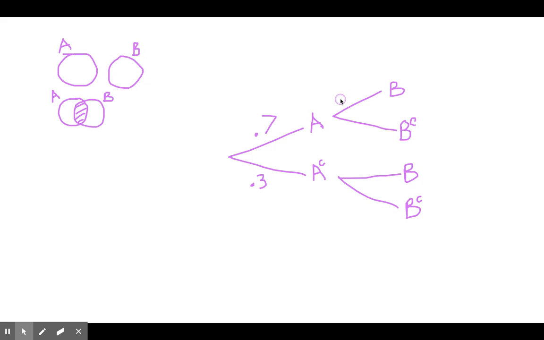Now, let's say normally there was a 50% chance of B happening, in this case maybe having a science exam. Now, the question you have to ask yourself is, do the chances of you having your science test change because you had your math test or because you didn't have your math test?